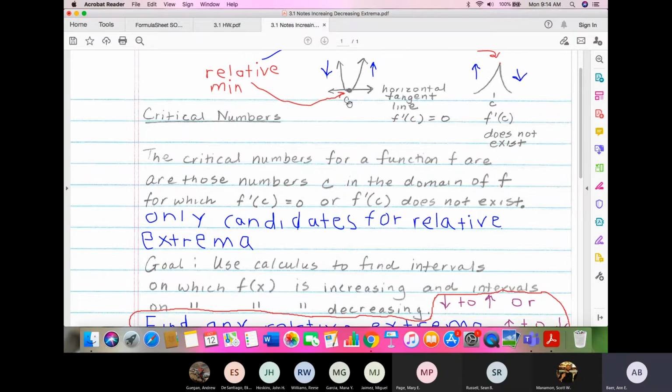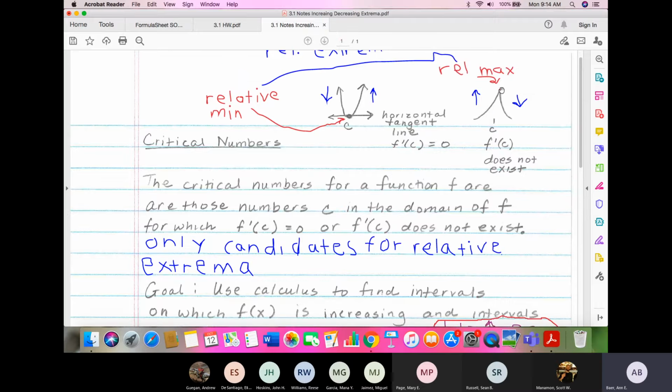And we can see that the C here is a low point and the C here is a high point. And extreme points mean low points in a small region of the graph and high points in a small region of the graph. So we study critical numbers because they are the only candidates for relative extrema.